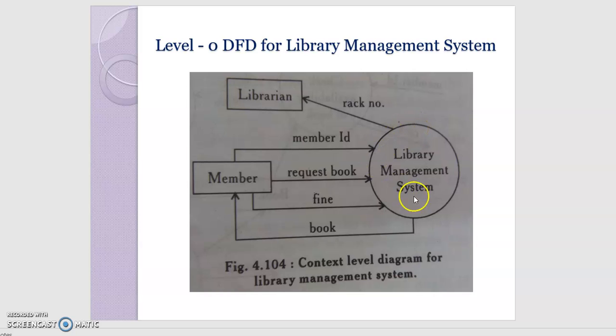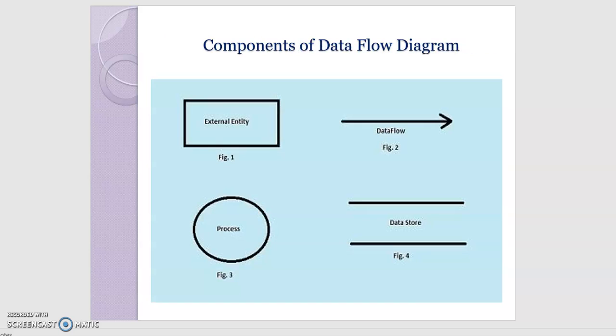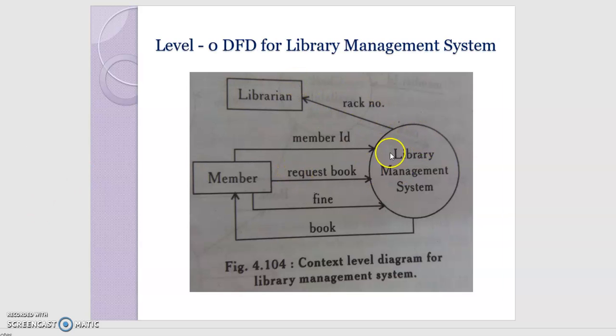Here you can see only a single process is present. And these are the external entities, and these are the data flows from this particular process to the external entities.